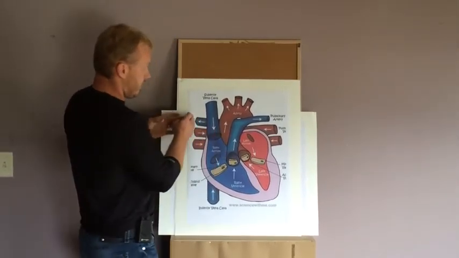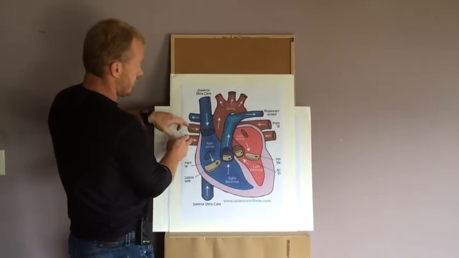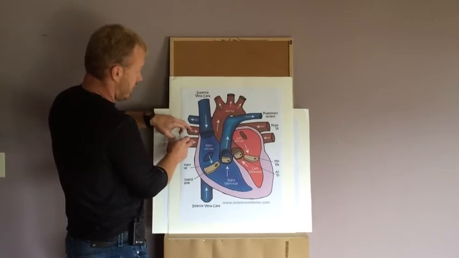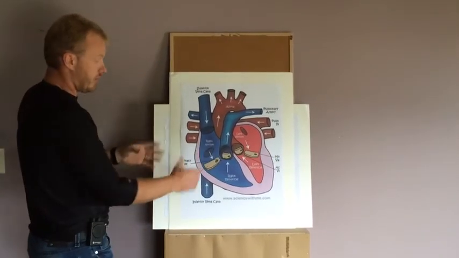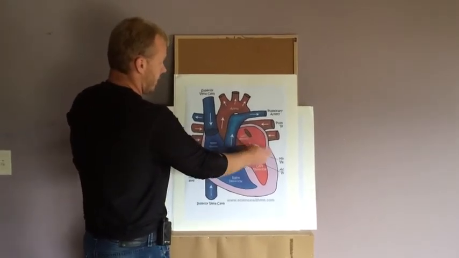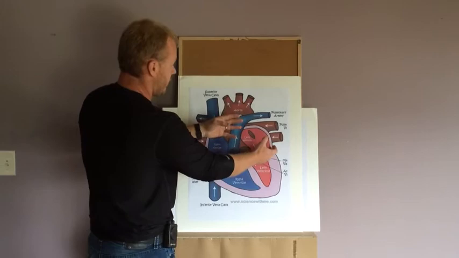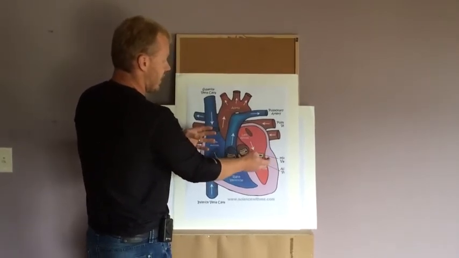Now, after the blood is oxygenated, it is transported into the pulmonary veins. Now, the veins here are transporting oxygenated blood, but they are still veins because they're going back towards the heart. Now, the veins fill the left atrium. The left atrium is allowed to fill because of the mitral valve being shut.